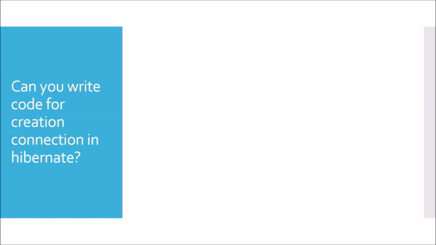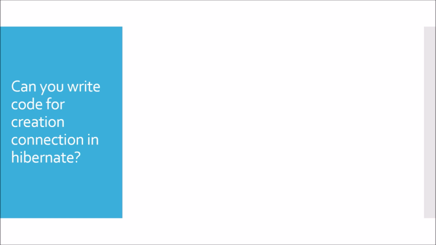Can you write code for creation of connection in Hibernate? Now for creation of the connection, you would need data source like URL, the drivers, and username, password. All these are present inside your hibernate.cfg.xml. So the first thing you need to do is to load this configuration file.